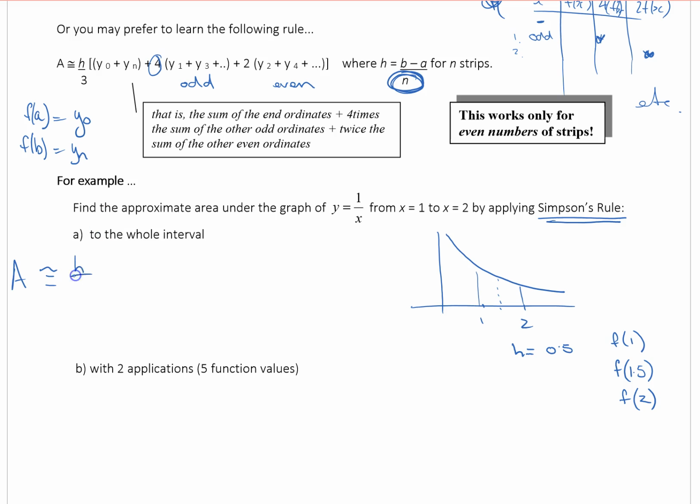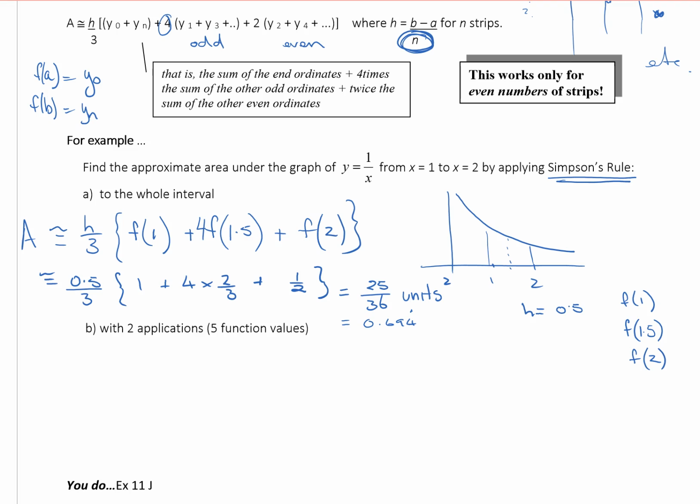A is approximately equal to h on 3, function value at 1, 4 times the middle function value, which is at 1.5, and straight out the function value at 2. So you can see there I've written out the rule and substituted these values. f of 1: put 1 in and you get 1.